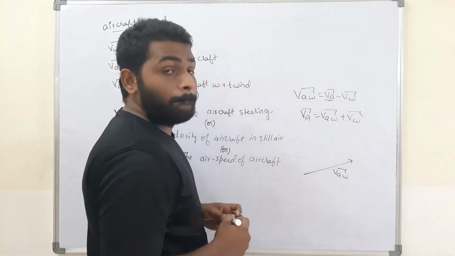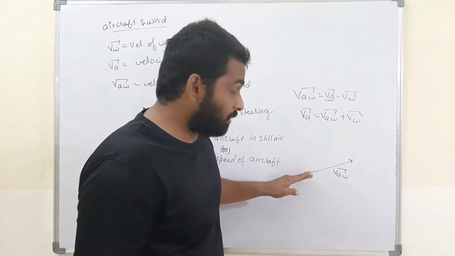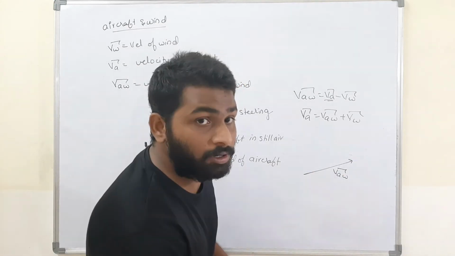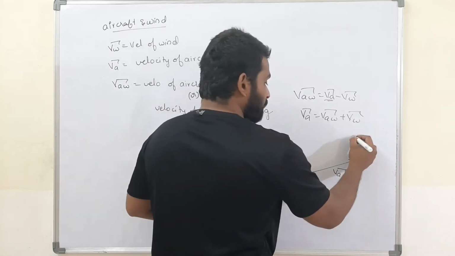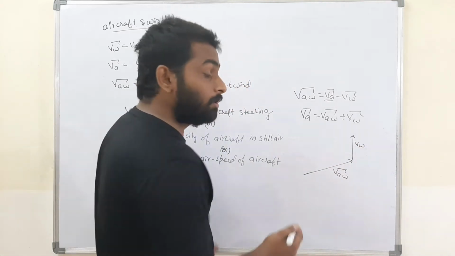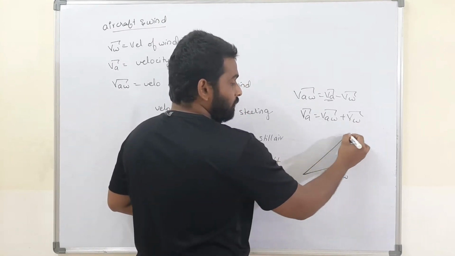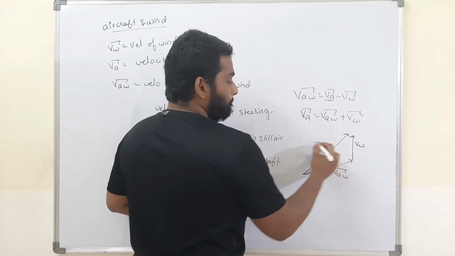Assume the pilot is steering in this direction and the wind is blowing upwards. Therefore, in which direction will the aircraft move now? The resultant of these two, A bar plus B bar, is nothing but the resultant. This is VA bar.